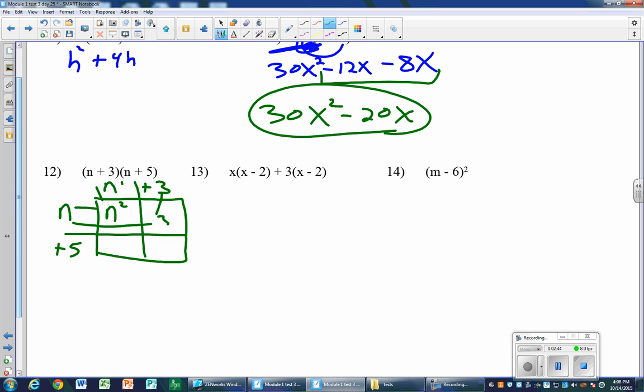N times 3 is 3n. N times 5 is 5n. And 5 times 3 is 15. You're always going to be able to combine these. We have n squared plus 8n plus 15.